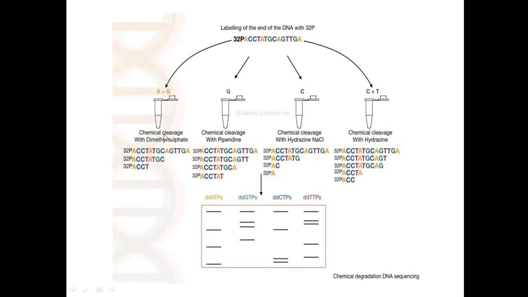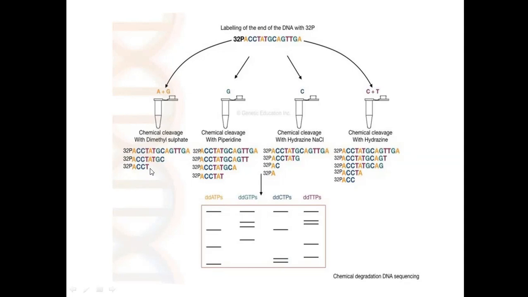So here, the cleavage at A. The first component you can have here is ACCT, the cut is here. Then the second A is here, so up to this level. So when you have the cut at A, you will be having these fragments.